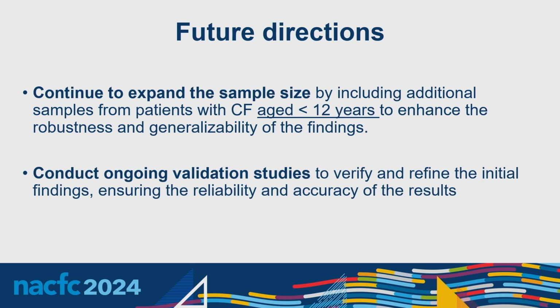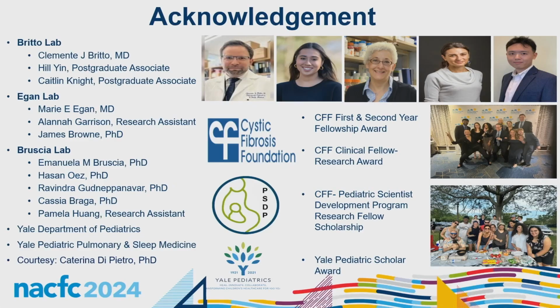So this is an ongoing research, and we'll continue to expand sample size by adding more samples, now aged down to 6, to enhance the generalizability of these findings. So we will have a trajectory from early childhood to young adulthood. And there are ongoing validation studies to refine these findings and ensure the reliability and accuracy at a protein level.